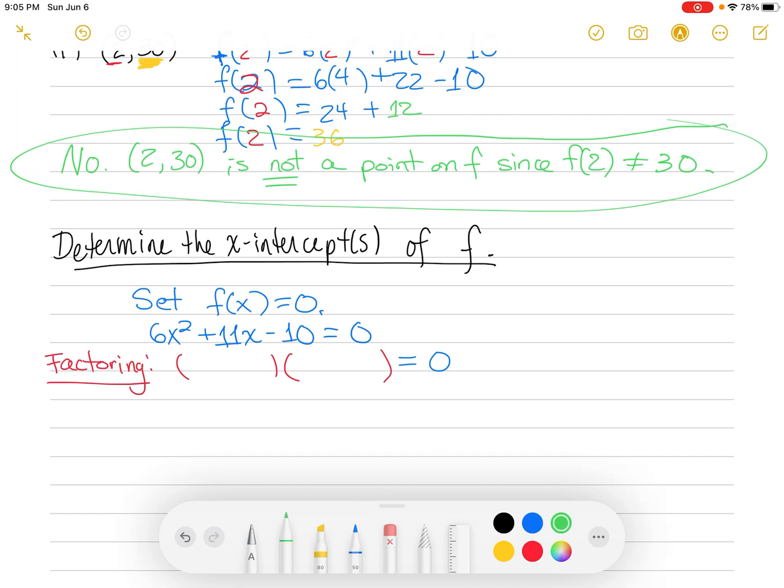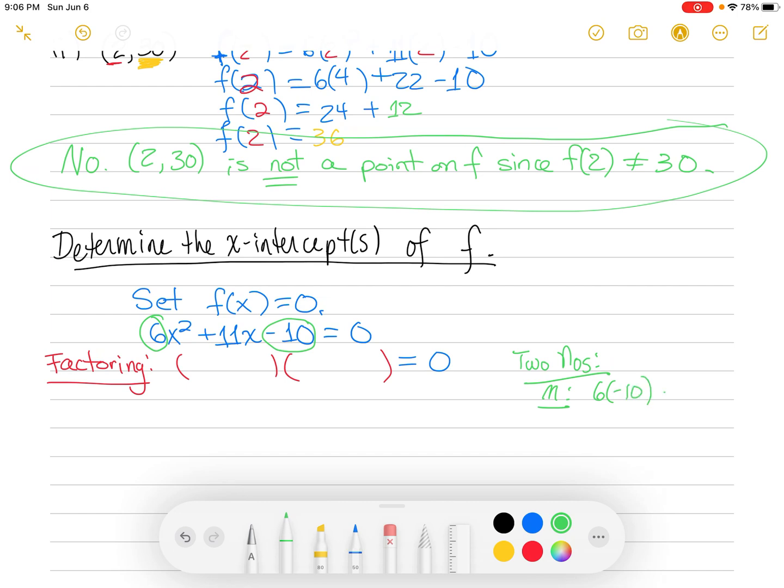Now in order to factor here, I'm going to use a technique known as magic factor. I'm going to find 2 numbers. First of all, multiply this first number times this last number here, 6 times negative 10. What is 6 times negative 10?